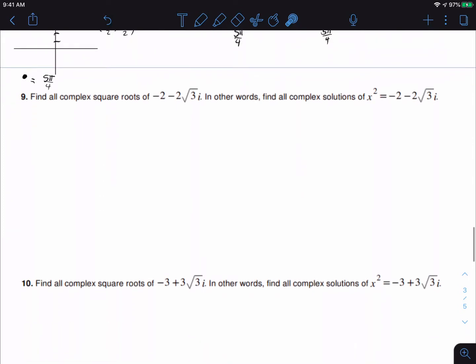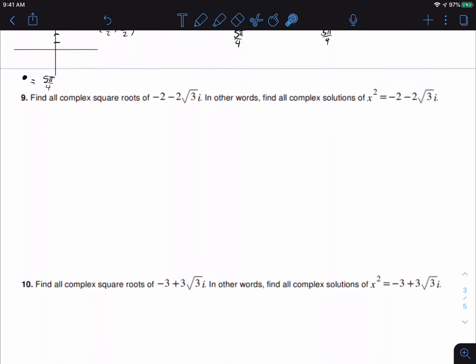So let's look at these more complicated problems. So looking at this complex root, we're looking for a complex square root. The thing that I want to look at is what quadrant am I in? So based off of this right here, what quadrant am I falling into? Remember, this is my x, this is my y.